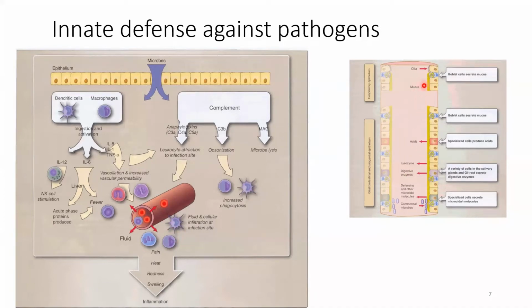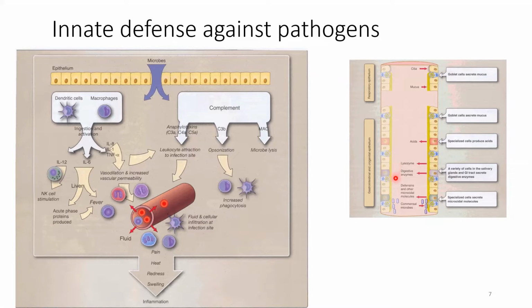We also have the mucous membrane here that can produce mucus that interferes with the adhesion step of bacterial pathogenesis. We have innate immunity acids, which create a very low pH that is not suitable for bacterial growth. Lysozyme is an enzyme that can cause bacterial leakage because lysozyme degrades the peptidoglycan of gram-positive bacteria.